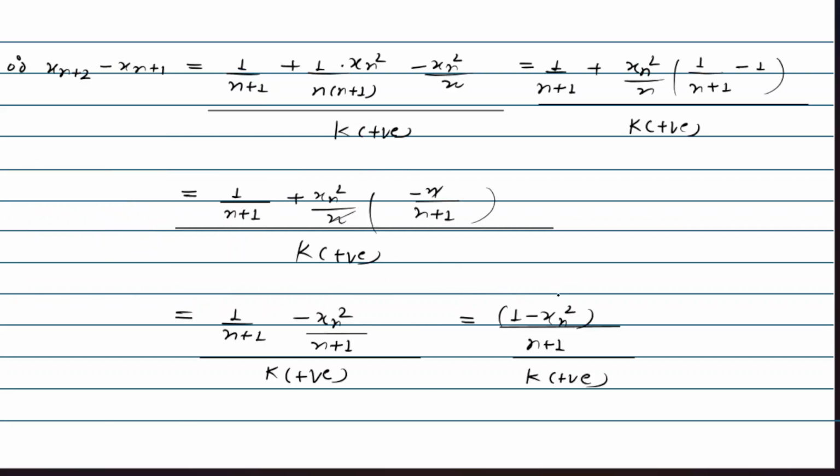As this is less than 0, this is a positive thing, and the denominator is also positive. So overall this is a negative thing, so this is less than 0. Therefore xn plus 2 minus xn plus 1 is less than 0. This means xn is decreasing.